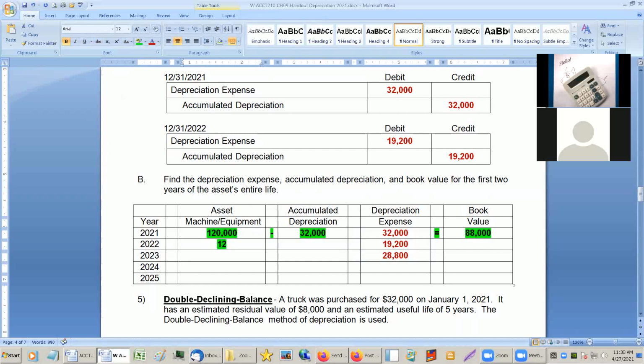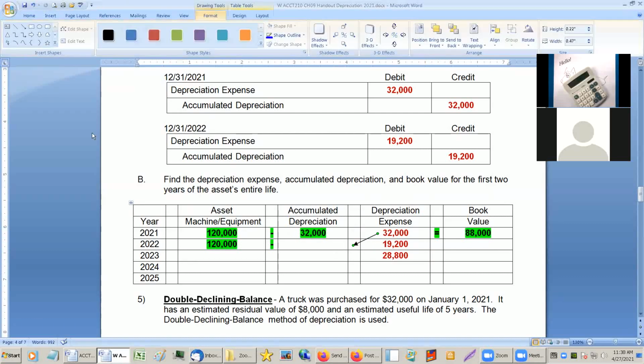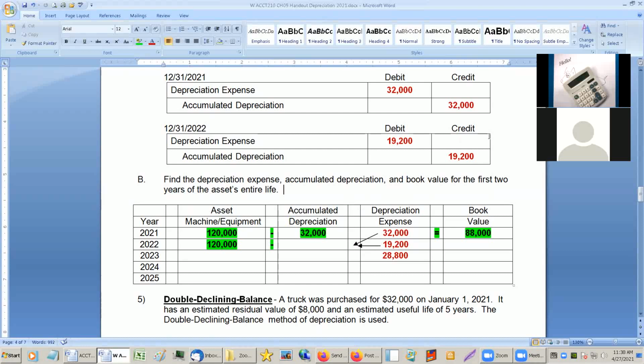Okay, the next year. Now, again, all the depreciation to date. Insert. So 32,000 plus 19,200 is 51,200.